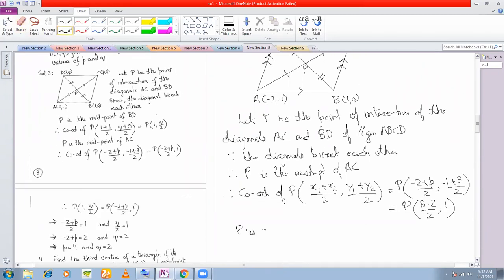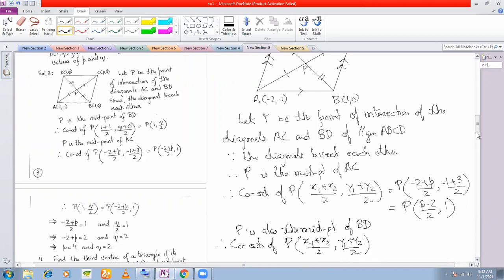Therefore, coordinates of P are ((x1 plus x2) by 2, (y1 plus y2) by 2).